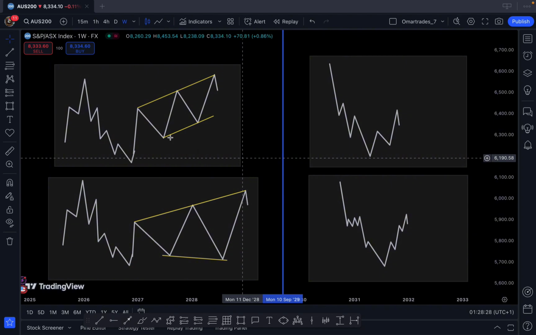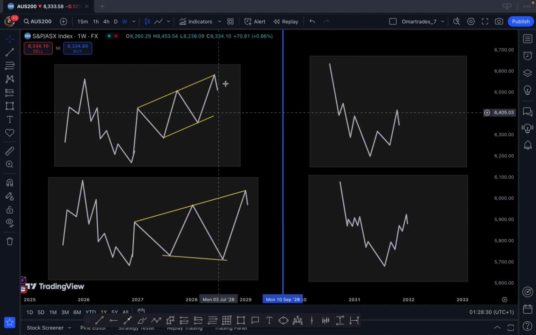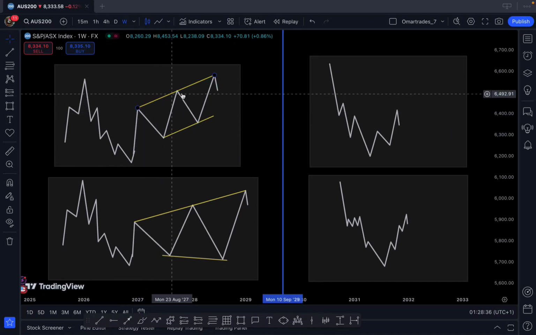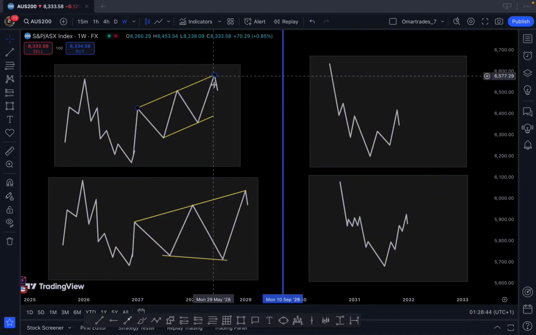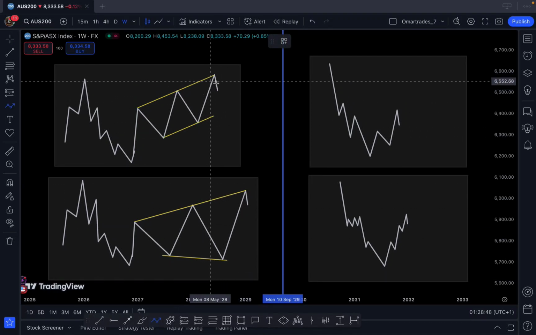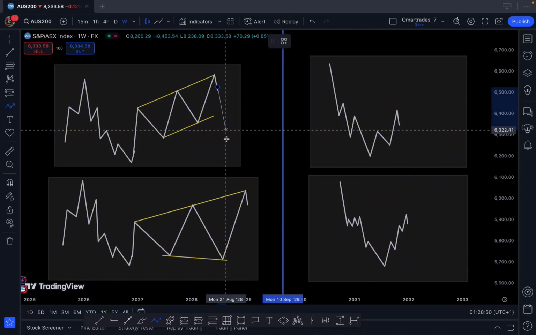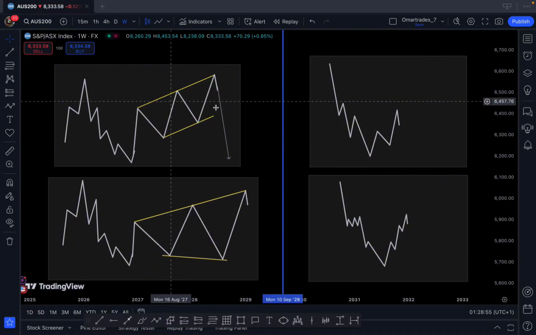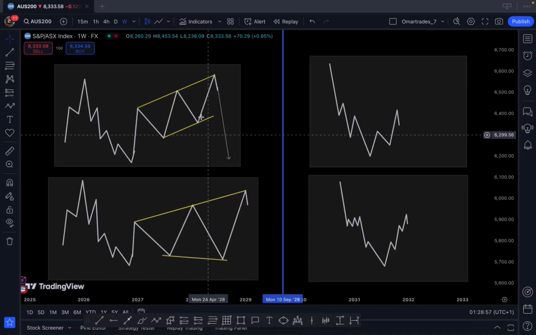The first one is a reversal structure where we have this first high, and then price makes a low, makes another higher high, makes a lower high, and then makes another higher high, forming a 1, 2, 3 structure. This is where we are going to be looking out for the sell. Once it makes the third touch, that's where we anticipate a sell to the downside. This is a reversal structure, a 1, 2, 3 ascending formation.